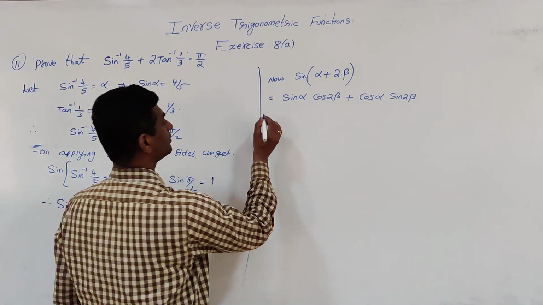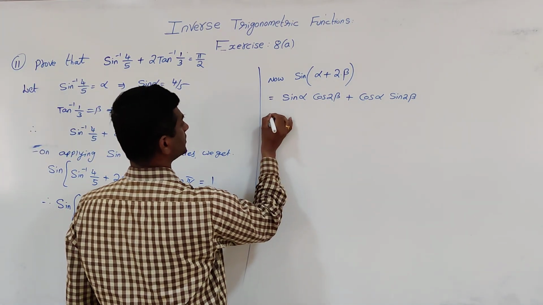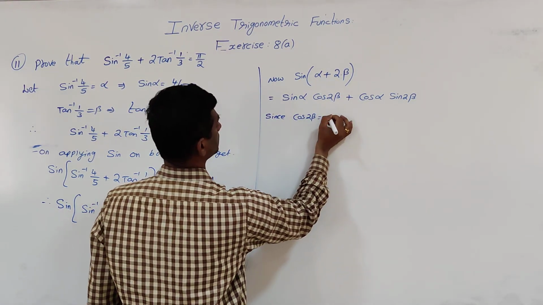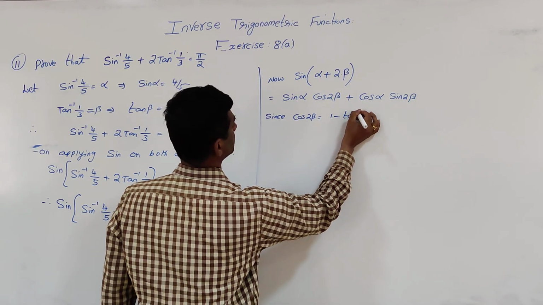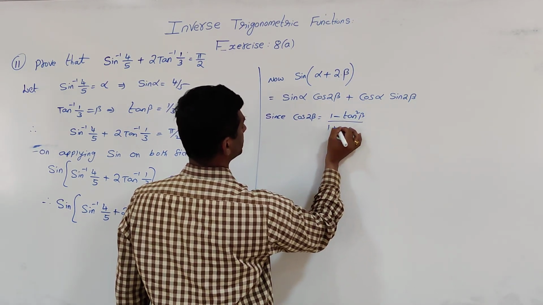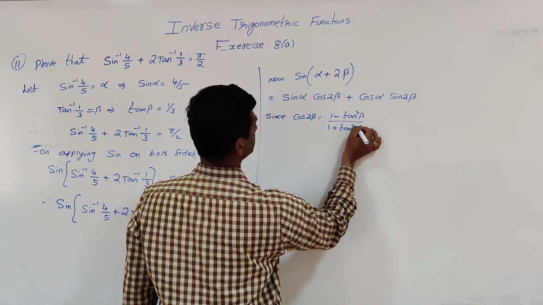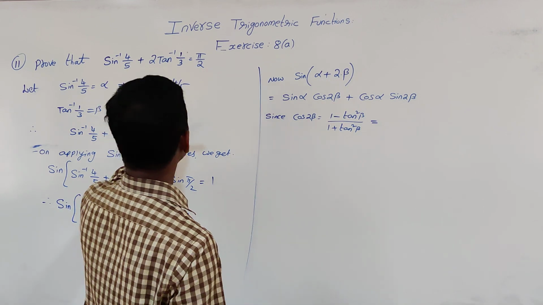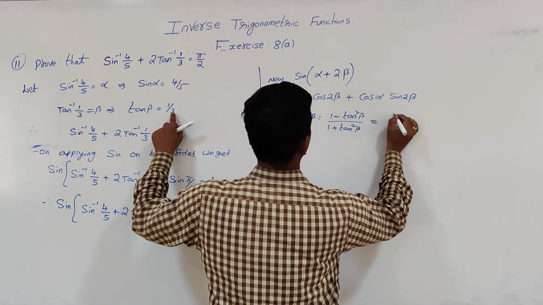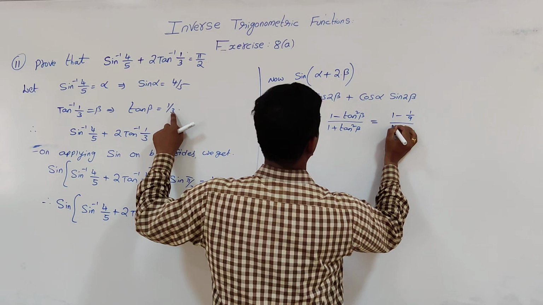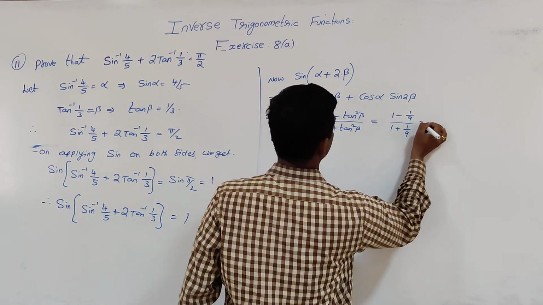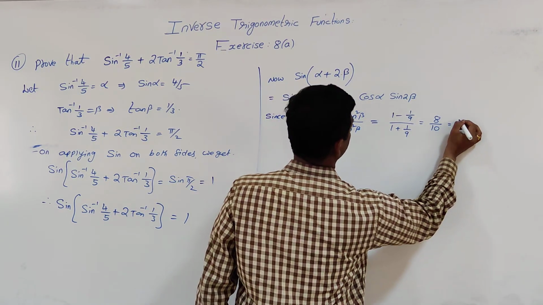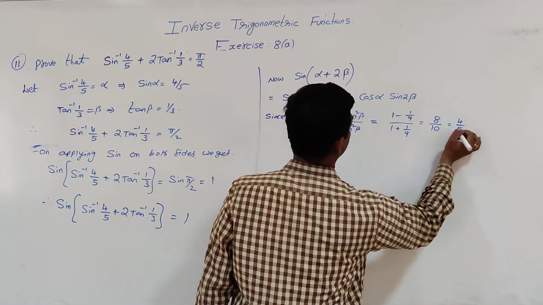So we will simplify separately. Cos 2 beta is equal to (1 minus tan square beta) by (1 plus tan square beta). That gives, tan square beta is 1/9. So (1 minus 1/9) by (1 plus 1/9) gives 8/9 by 10/9, which means 8 by 10, that will be 4/5.